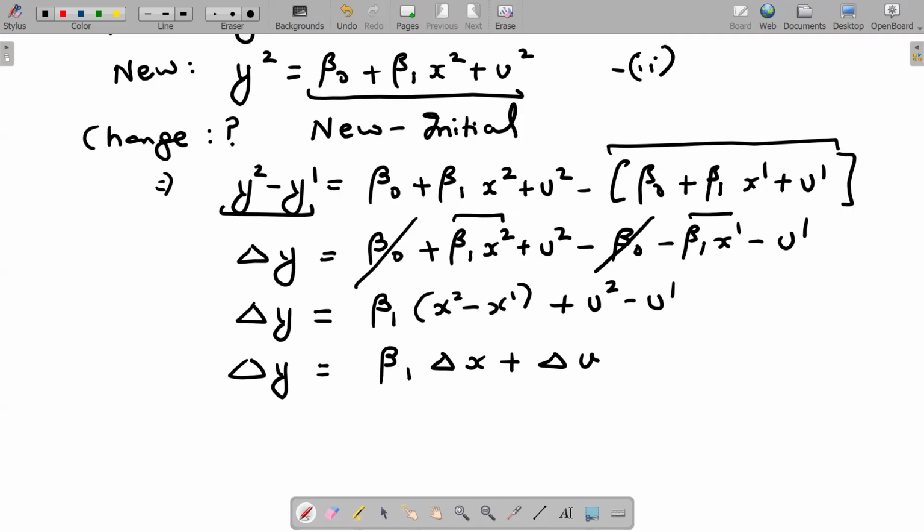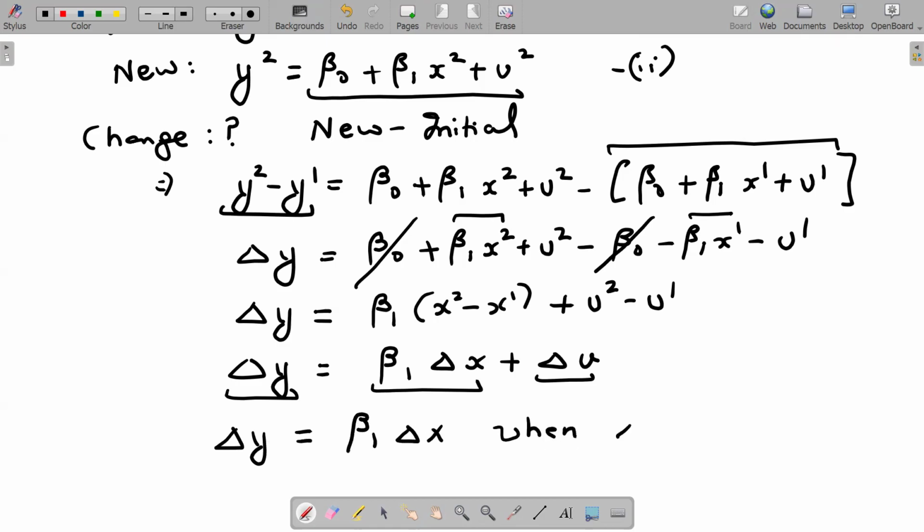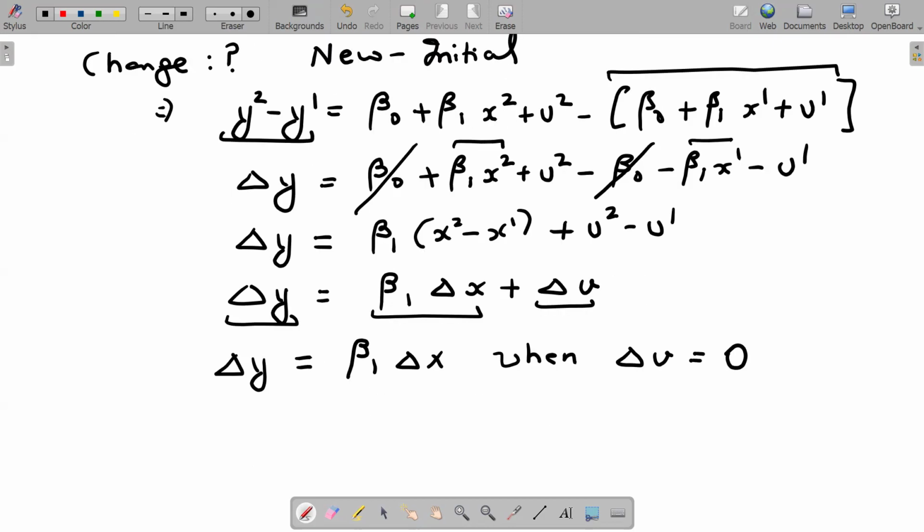Okay. Now, when will delta y be equal to beta 1 delta x? When delta u is equal to 0. So I can write that delta y is simply beta 1 delta x when the change in the error term is equal to 0. So, students, now I can write, if I take change in x in the denominator, change in y over change in x is equal to beta 1. So what does beta 1 measure?